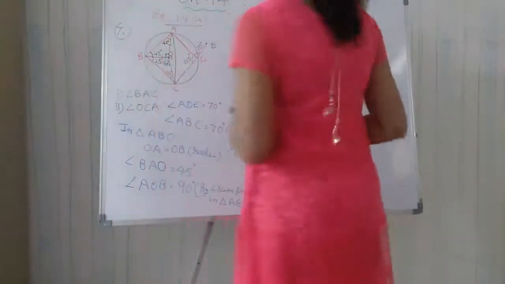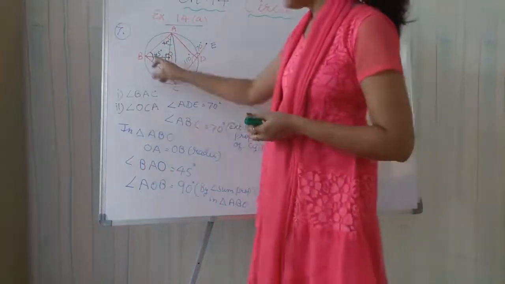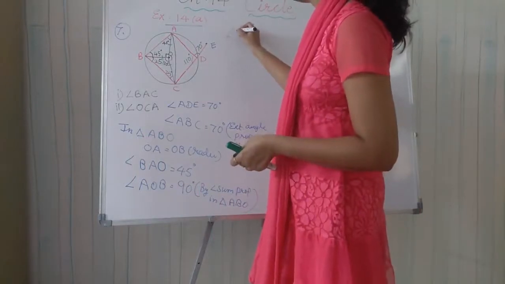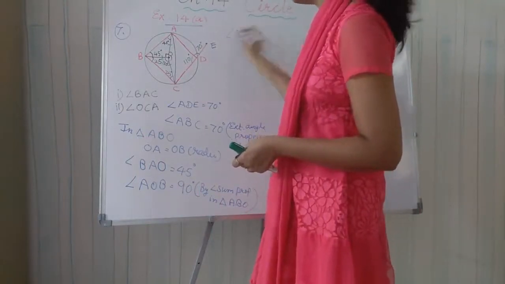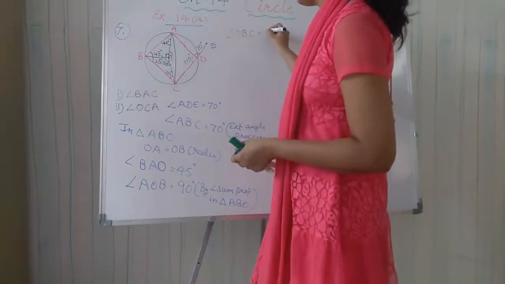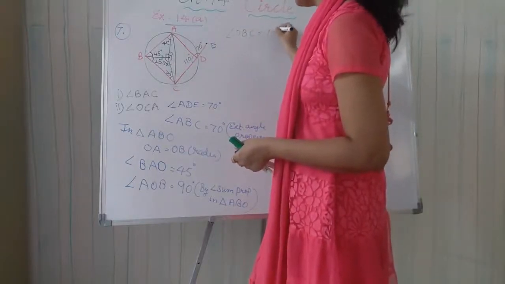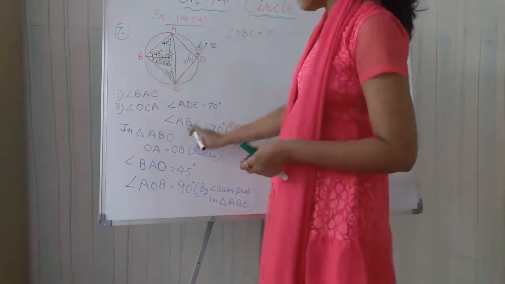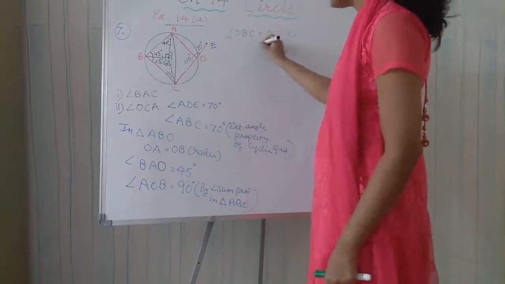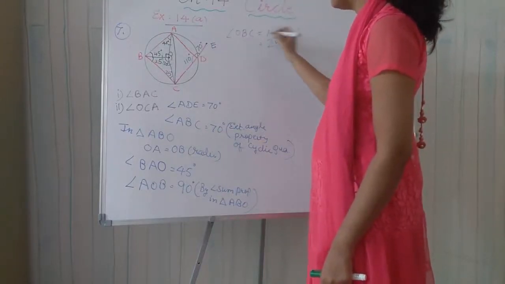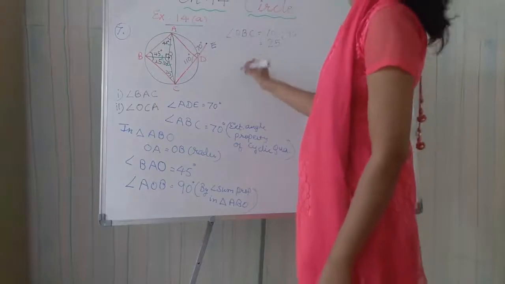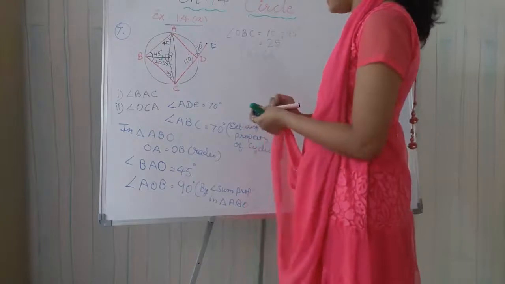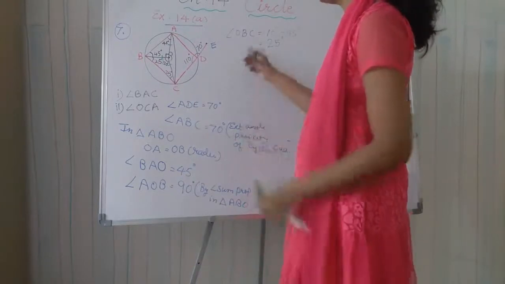So this way, in short, we can show the results. Now next, we have to show this angle OBC is equal to 70 minus 45. Because these two are the same, this must be 70. I have already written ABC is 70. So I write here, this is 25 degrees, OBC. Now, as we know OB is equal to OC, as they are forming radii.